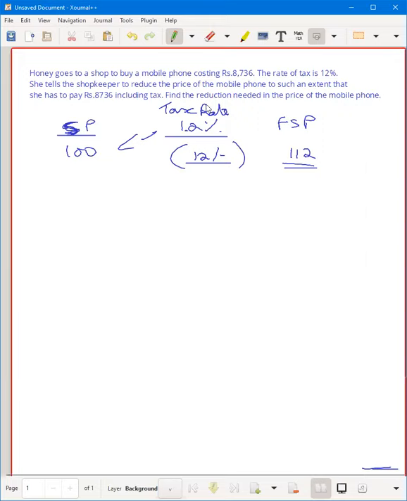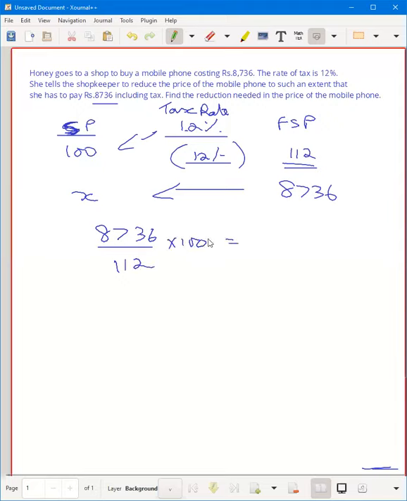Now, in the same way, the final selling price given is 8736. So if 8736 is the final price, what will the selling price become? It will be 8736 upon 112 into 100, which works out to the same thing we did earlier.